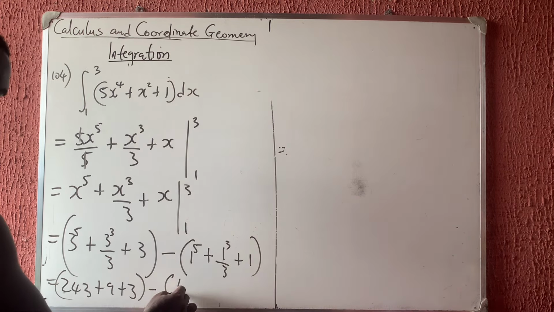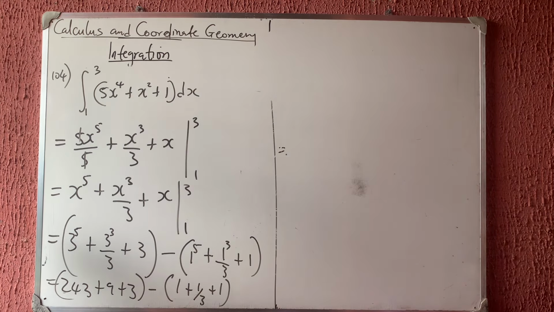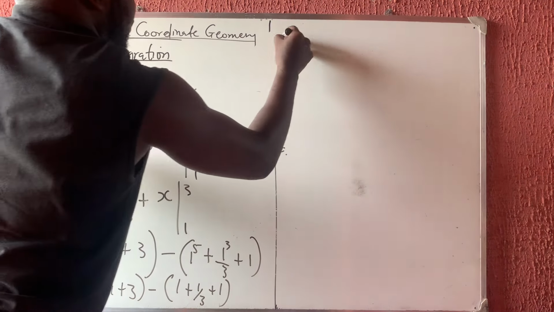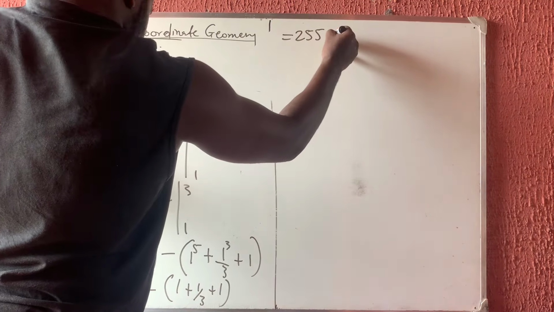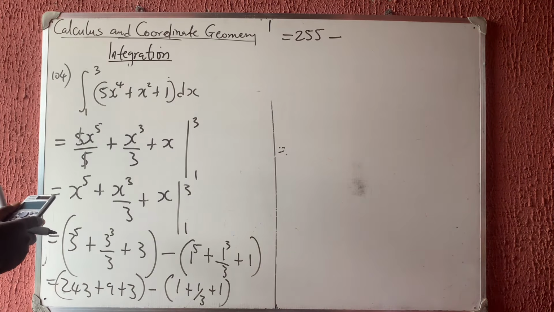Minus, this is 1 plus 1 over 3 plus 1, which is 1 plus 1 plus 1 over 3.